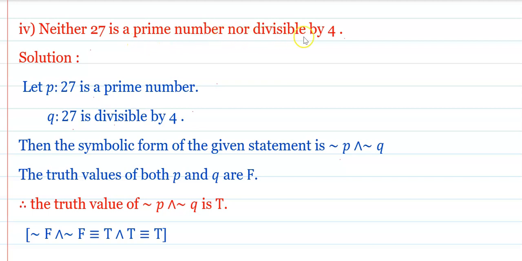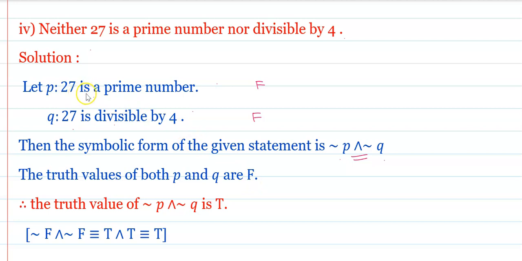And the nor divisible by 4, again the negation of Q. And since it is neither nor, we consider 'and' there. Okay. The truth value of P is F. And the truth value of Q is also F. The truth values of P and Q are F because 27 is not a prime number.